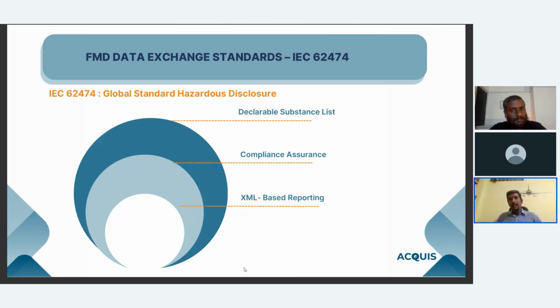So this is an XML format which is widely used in Europe. A lot of companies use this as well. But IPC 1752A is the most widely used standard in electronic, electromechanical, and electrical related product lines.